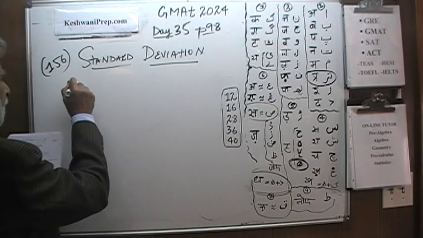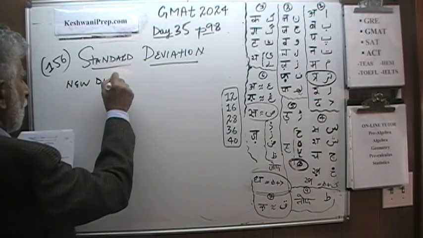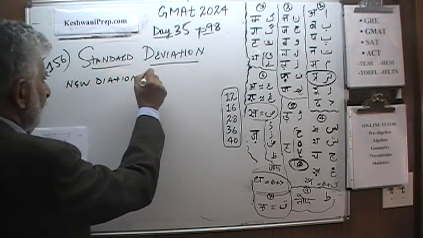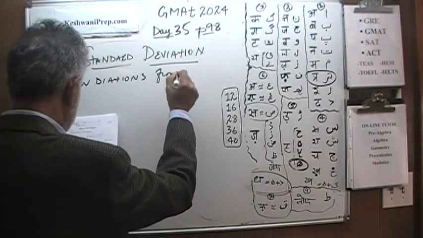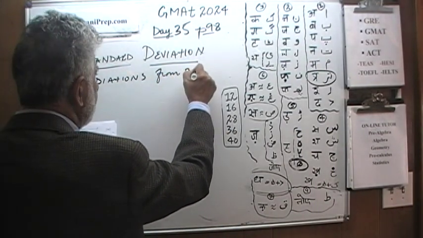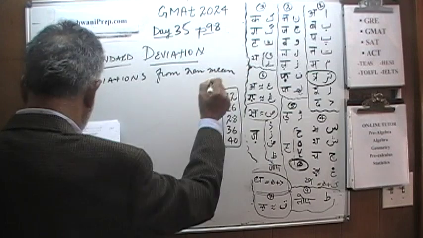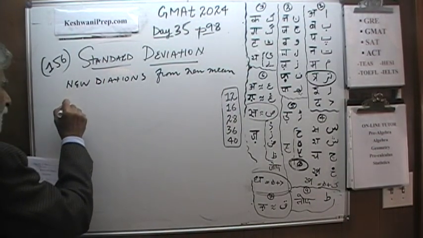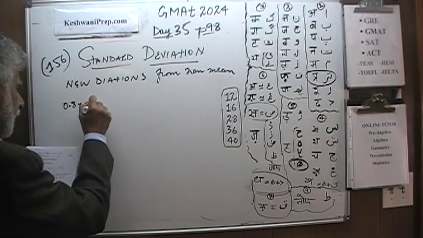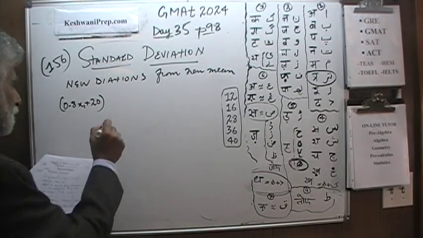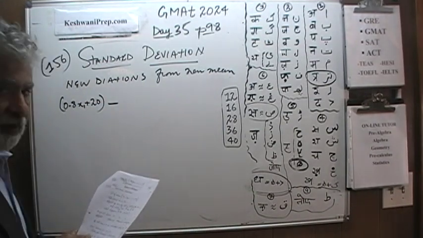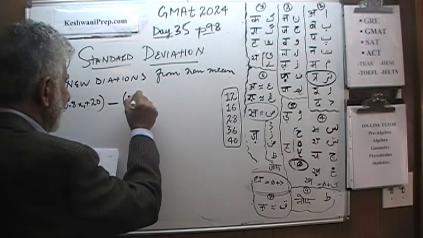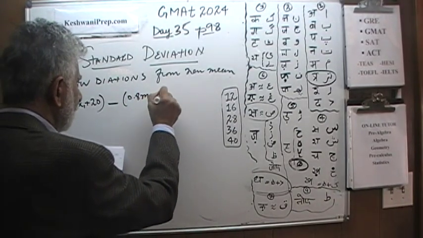The new deviations from the new mean. So we have this 0.8 of the score plus 20 minus the mean, which is 0.8 of the old mean plus the 20.